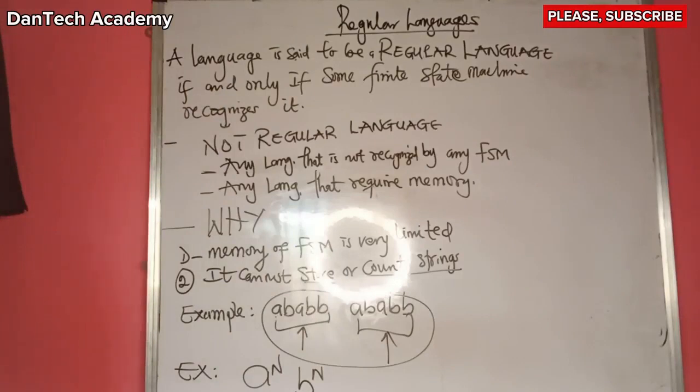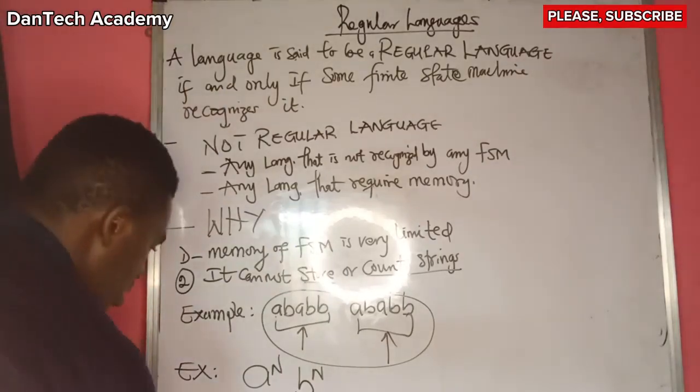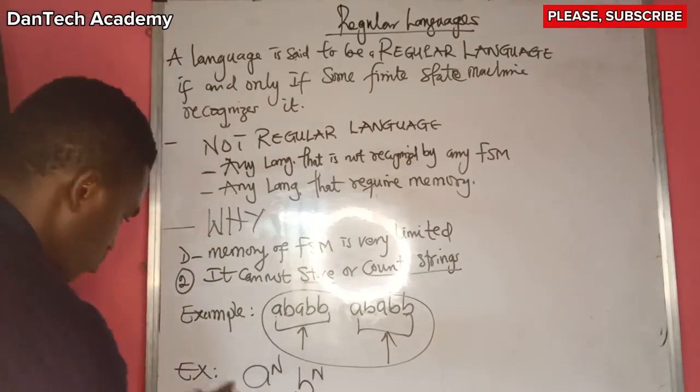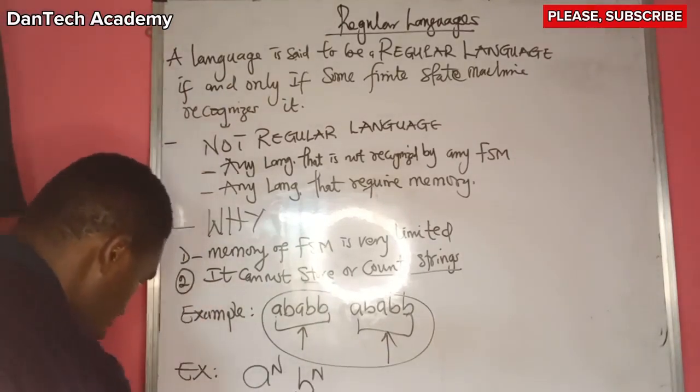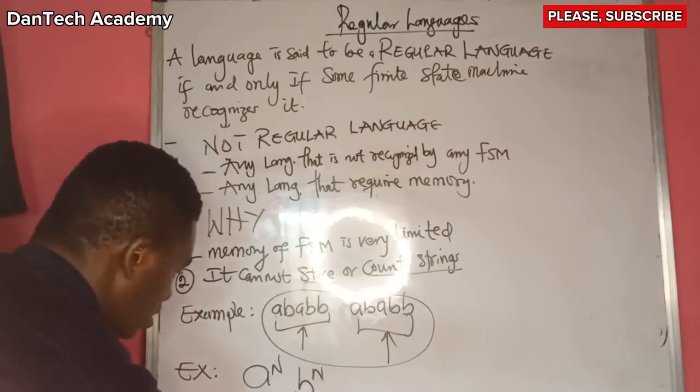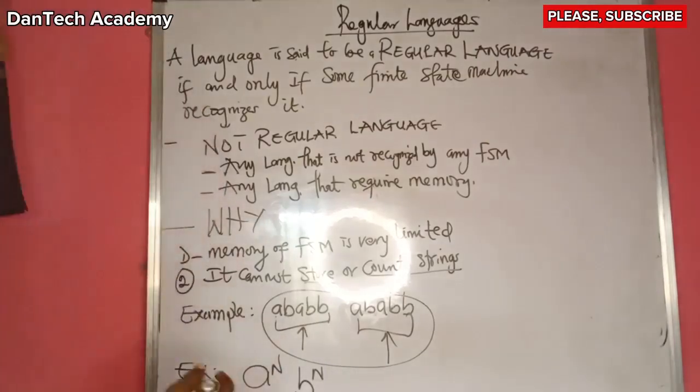So I could say let n be 3, or I could say let it be 2. Let's just assume it is 3. So we have this now.